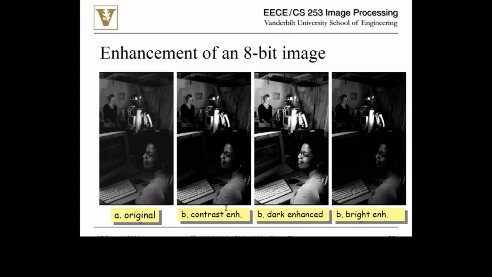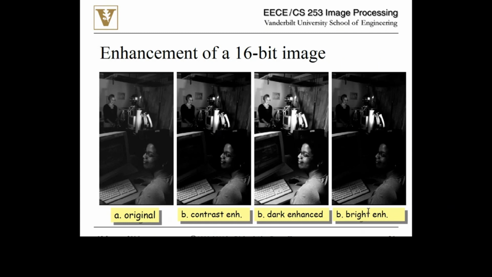So we can do this contrast enhancement, this dark enhancement, bright enhancement. And this is with 8-bit images, and this is with 16-bit images. This dark enhancement and bright enhancement, we have not talked about those two specific operations, but you can very easily imagine what they are.